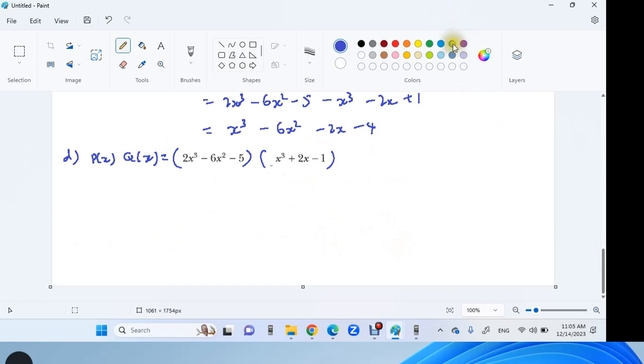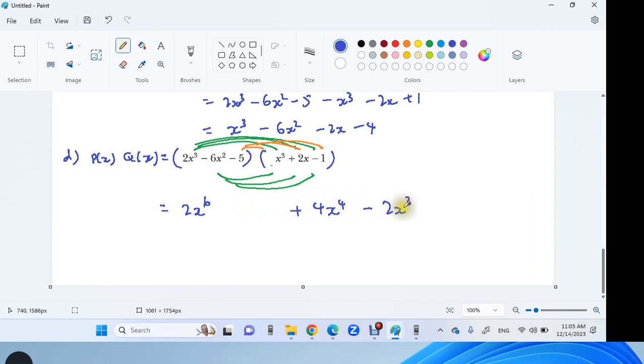So we do the multiplication, and I will have 2x to the power 6 plus 4x to the power 4, and then minus 2x cubed.